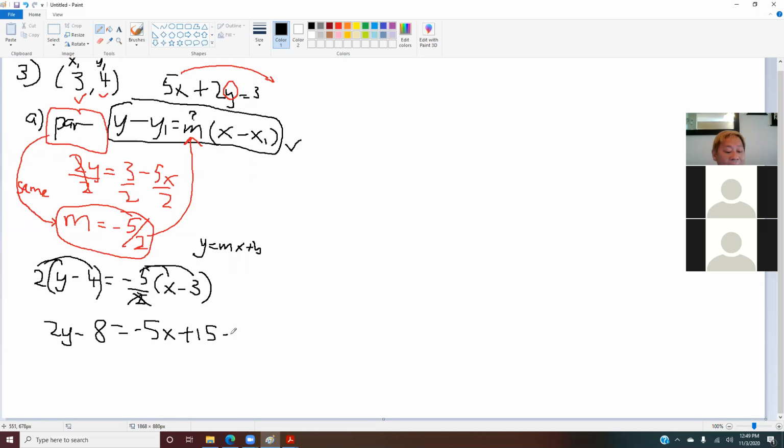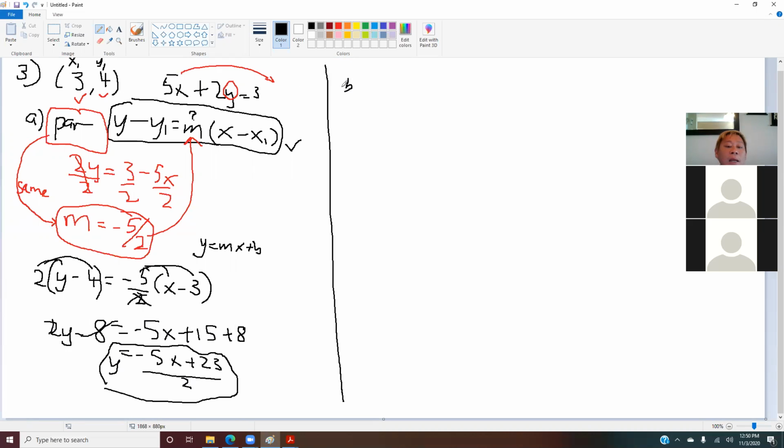And then you add 8 here, so you will get negative 5x plus 23. And then after that, you divide everything by 2. So this is your answer for parallel.